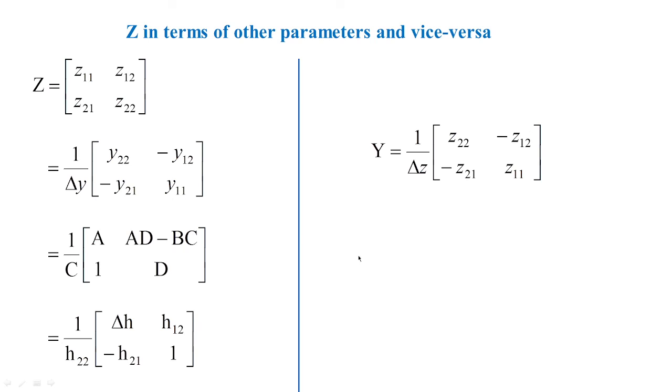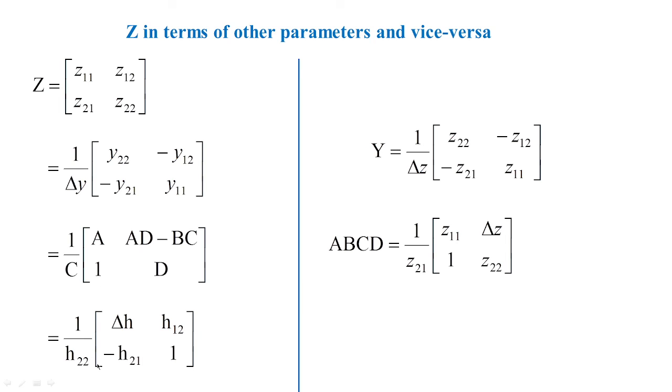Here you have one. Replace the one same as it is in the transmission line parameters. So you can see ABCD is equal to 1 by C, that is 1 by Z21, [Z11, delta Z, 1, Z22]. I hope you understood how I framed this particular equation from this present equation.